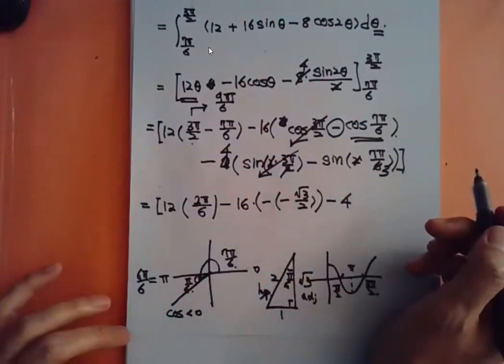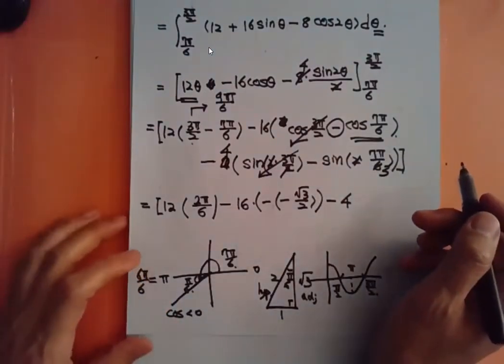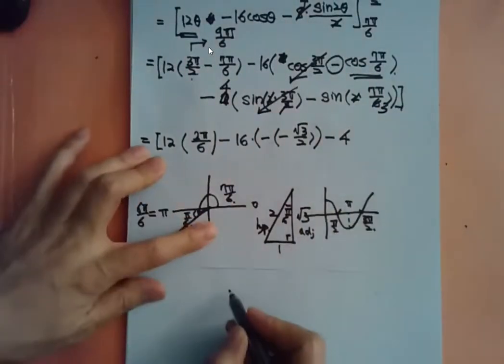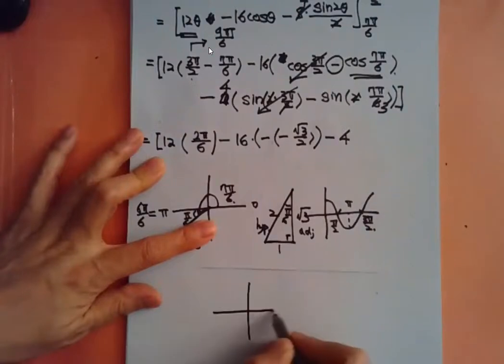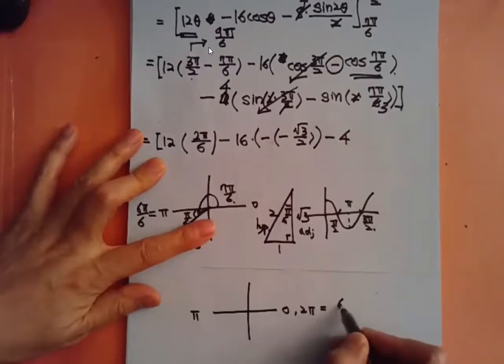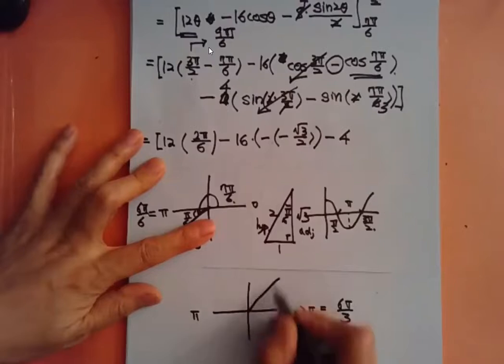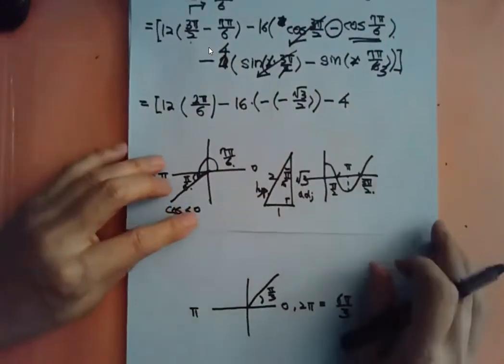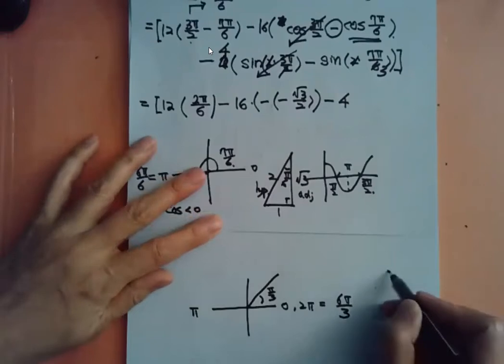So that becomes 7 pi over 3, right? And so we have to visualize that. This is 0, pi, 2 pi, 2 pi is 6 pi over 3, and 7 pi over 3 will go a little bit further, and reference angle will be pi over 3. And everything is positive in the first quadrant.